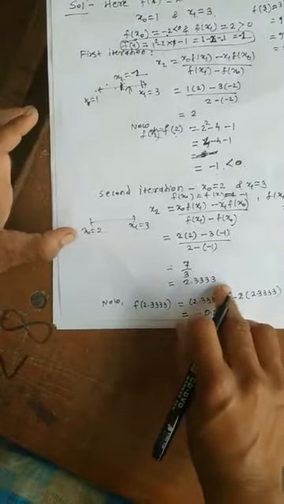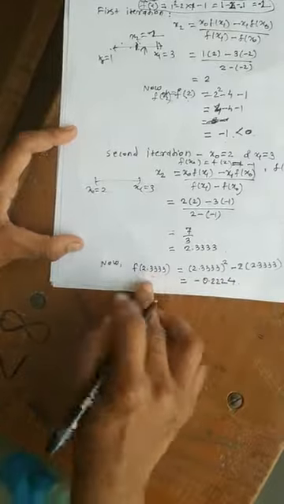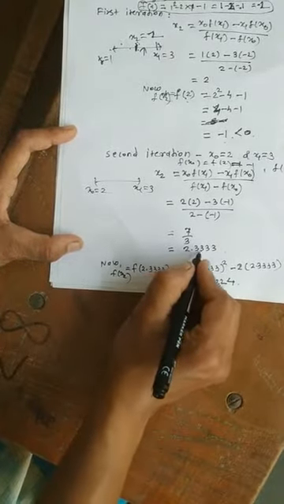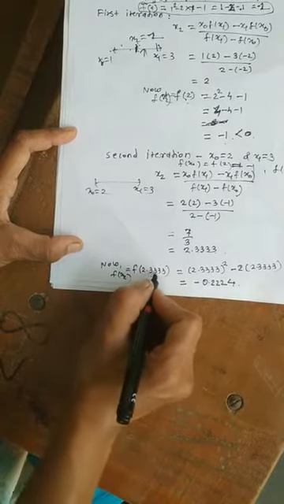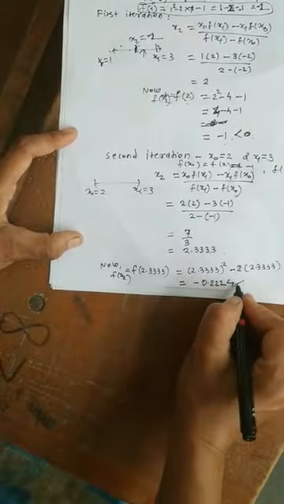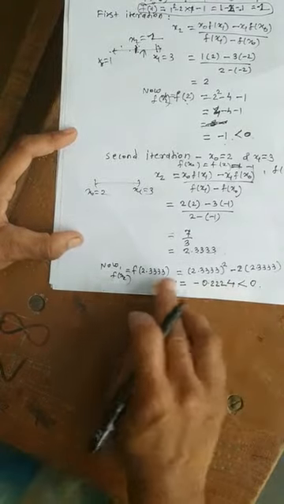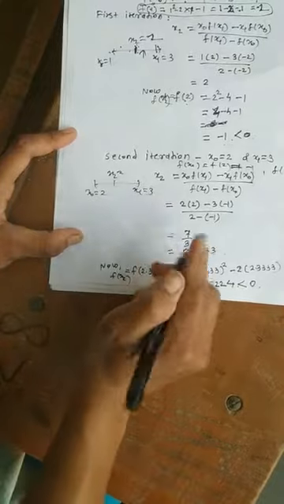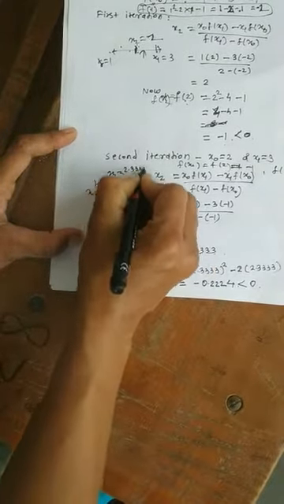For a new search interval we find again the value of f of x2, here x2 is 2.3333. Okay, so we put these values, we get the negative value, again this is less than 0, f of x2 is less than 0, so here x2 is equal to 2.3333.